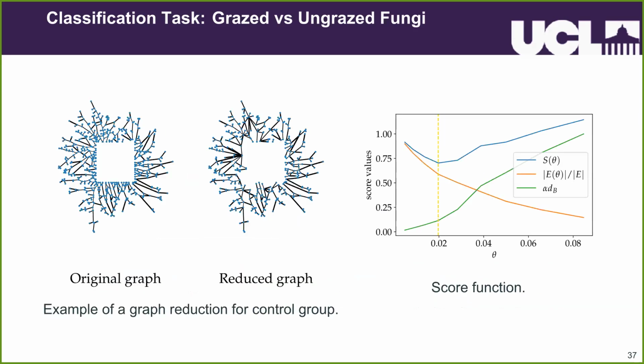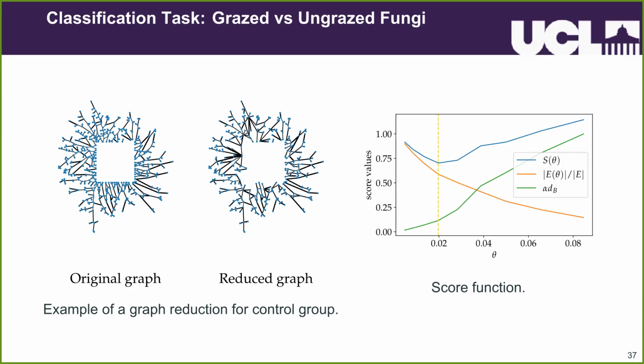So, for example, these are 3 examples of 3 different graphs from the 3 different groups. This is an original graph, and this is a reduced graph for the control group. And again, just to come back to what you said, for example here we're picking these points. In the practical implementation, there is a Python package for this.